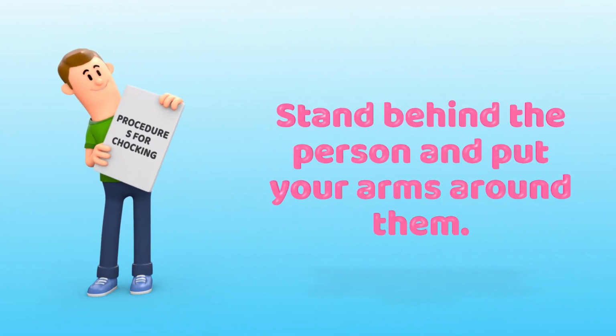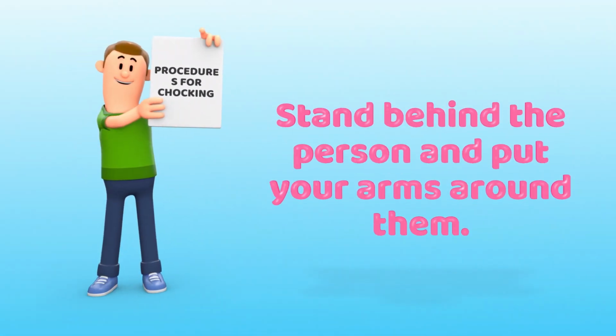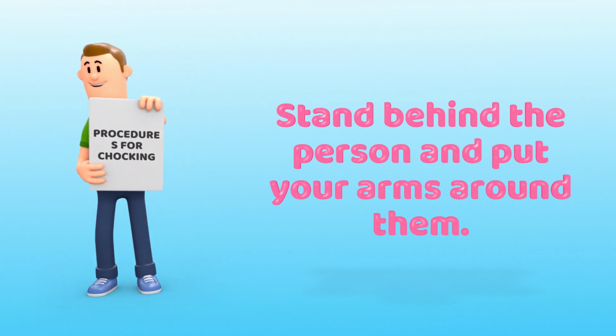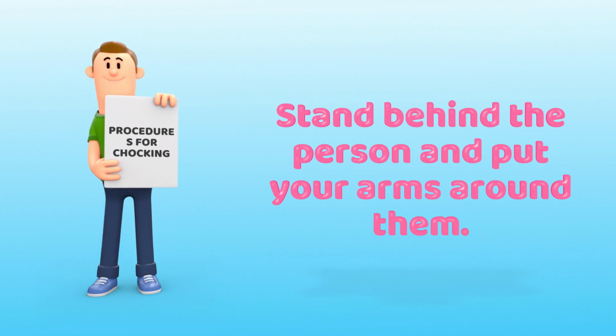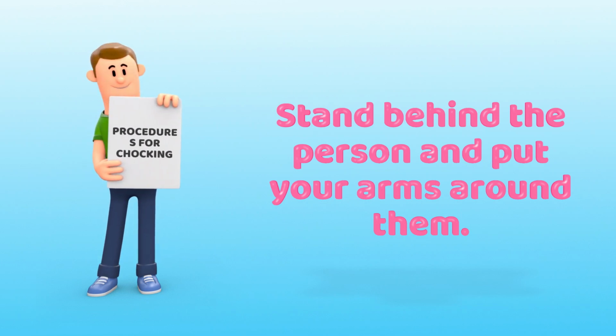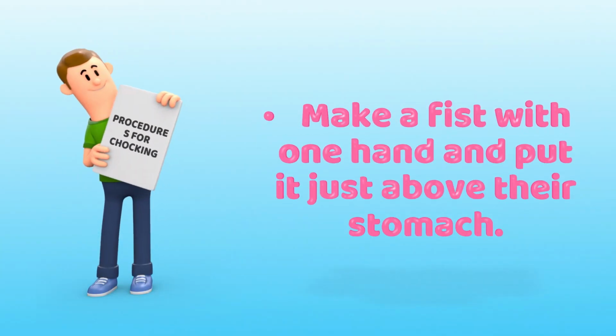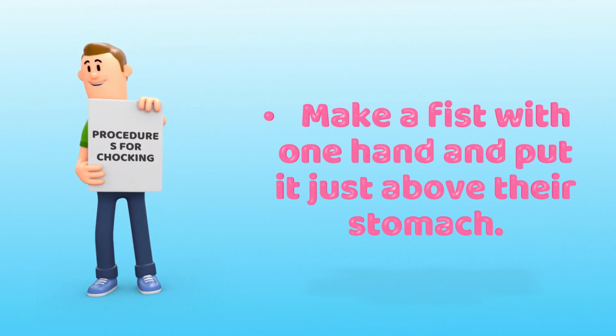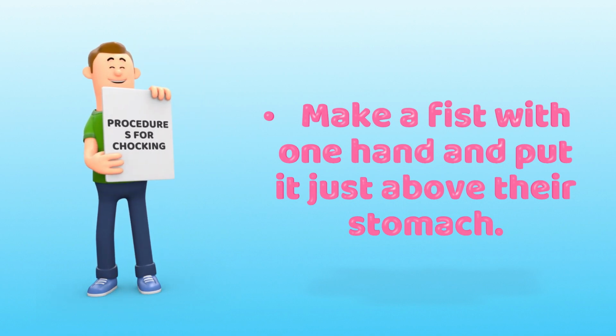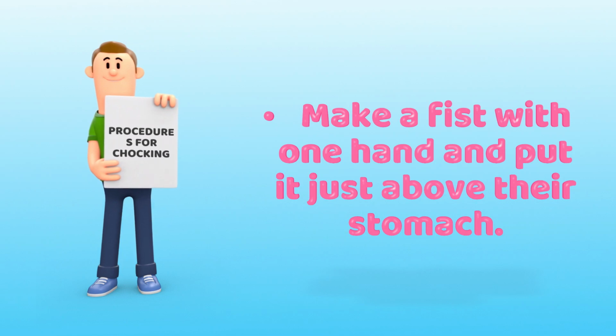Here is how to perform the Heimlich maneuver technique. First, stand behind the person and put your arms around them. Then make a fist with one hand and put it just above the stomach of the victim.